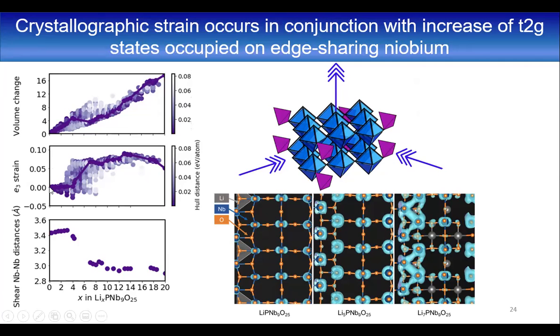We start out the system at low compositions with no strain, and as we increase the amount of lithium in the system, we get to a point where there's a dramatic increase in this crystallographic strain, where the block planes contract and there's an increase in the infinite axis. And it seems that this type of thing occurs in other Wadsley-Roth phases. So it's a neat thing that we found.